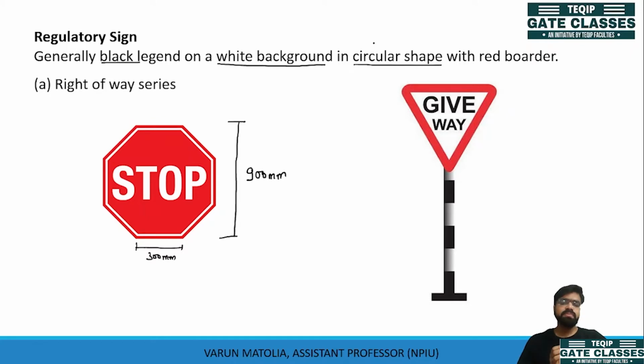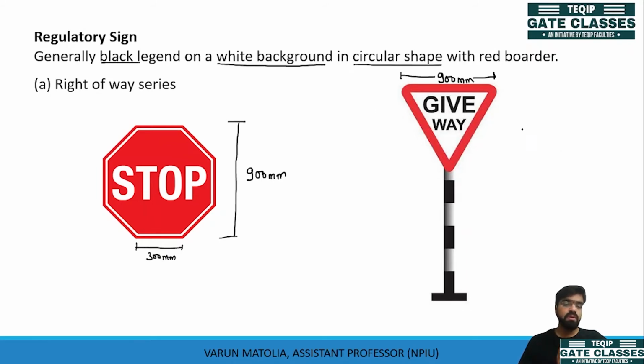Another sign, this is a give way sign, meaning give way to the coming vehicle and then move ahead. These signs are provided on intersections, on rotaries.